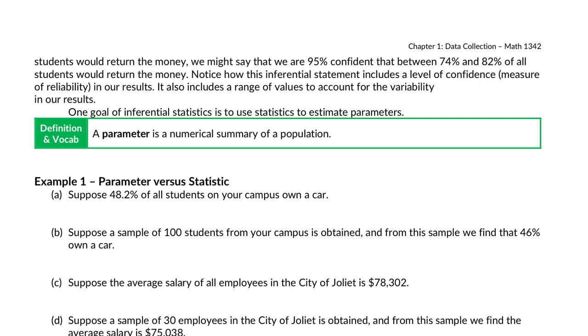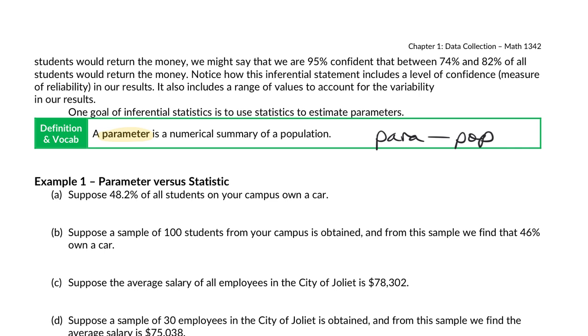One goal of inferential statistics is to use statistics to estimate what are called parameters. So a parameter is a numerical summary of a population. So here's what I need you to remember, a parameter is for a population. Parameter, population.